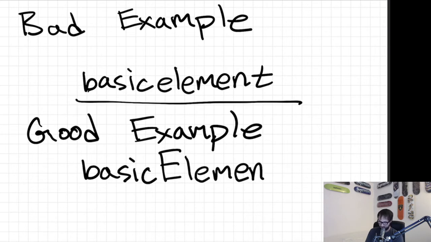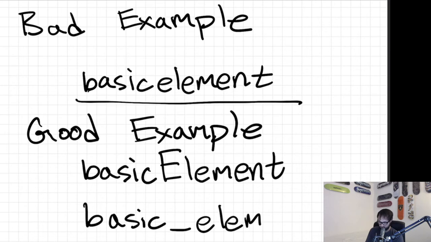And they call it that because it looks like humps on a camel type deal. Or you could do something like basic_element, which, that is a bad arrow, this is an underscore. So you can easily differentiate between the words.